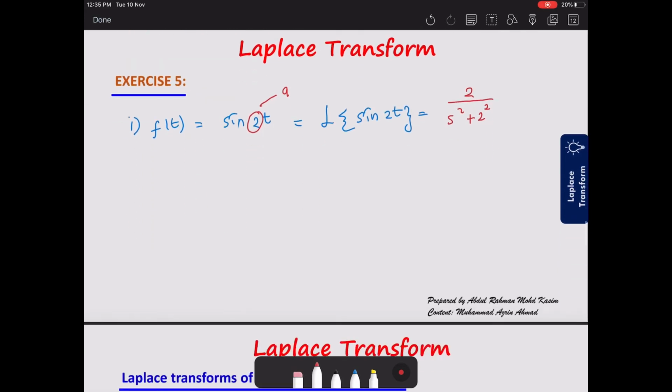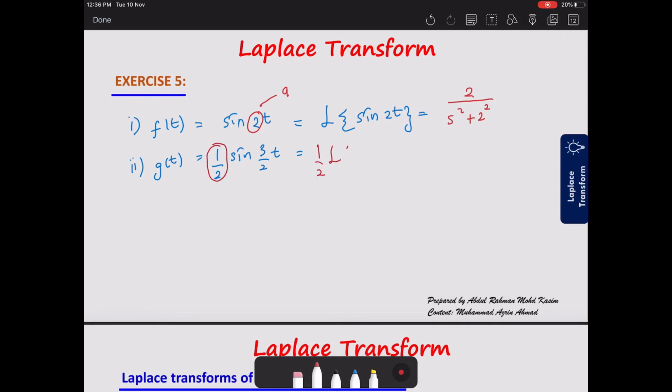You might have a different question, but if you understand, I believe that it is very easy. Let's say you have the constant 1 over 2 here, and then you have sine of 3 over 2 t over here. Please bear in mind that the 1 over 2 here is actually a constant.